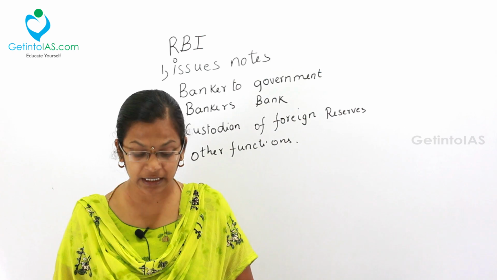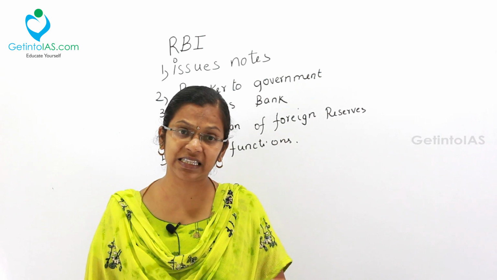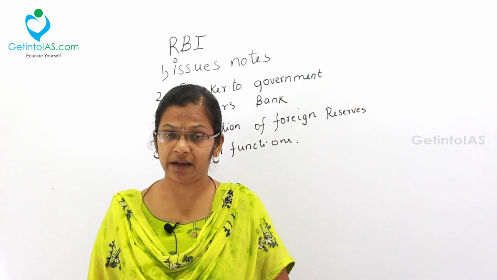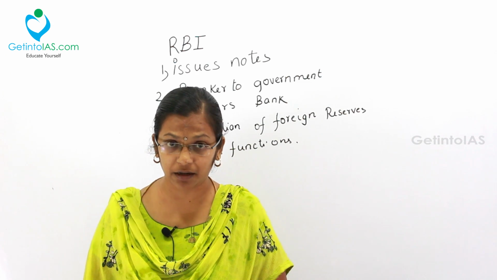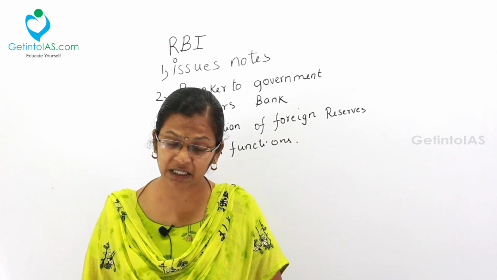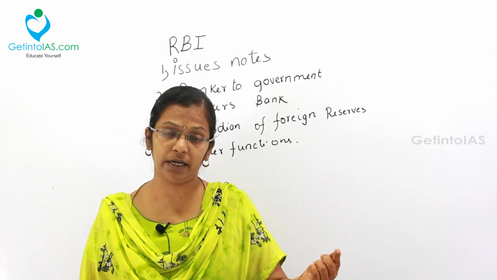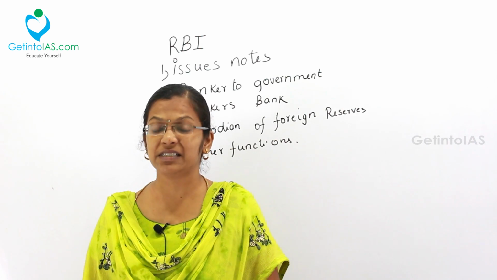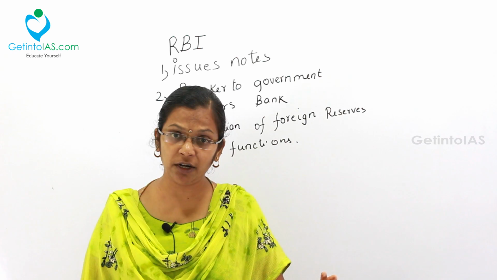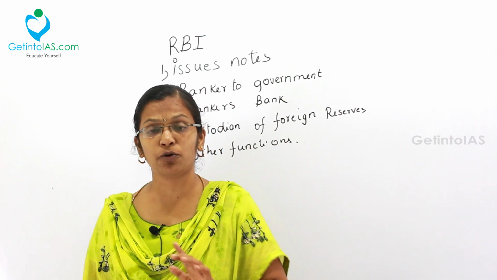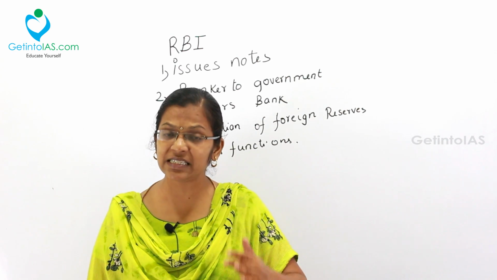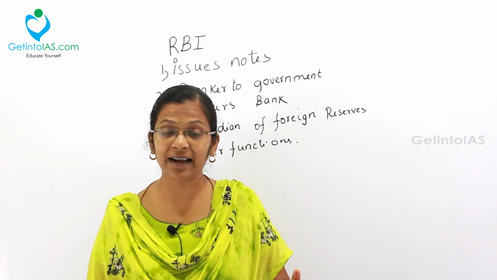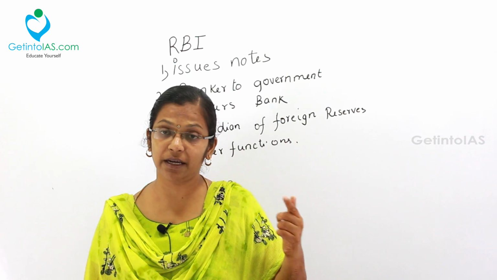How is it doing it? See, if it finds that the Indian rupee is devalued. Devalued means what? For $1, if you were paying 60 rupees, and the next day for $1 you are paying 70 rupees, our currency has devalued. In that case, what will the RBI do?